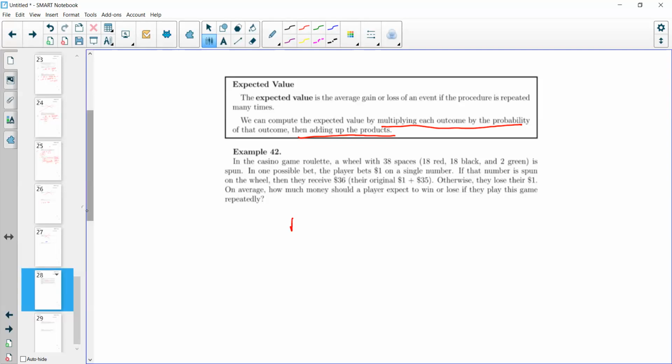So, first thing we need is the probability of winning. There's 38 numbers. We're going to pick one of them. So what's the probability of winning? 1 out of 38. Which means what's the probability of losing? 37 out of 38.